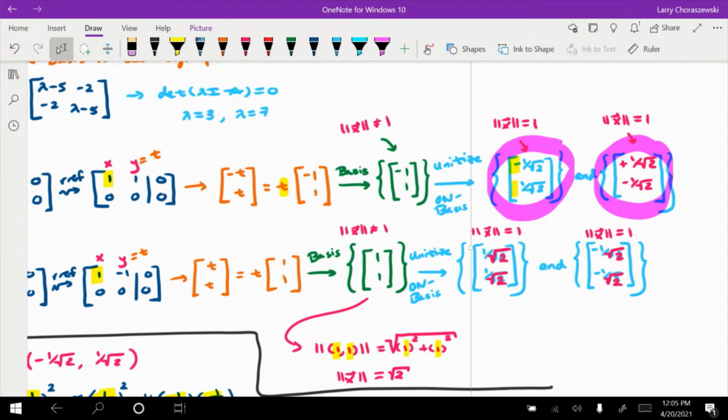What we're doing by finding these basis vectors is trying to figure out all the solutions that would give us the maximum and minimum value. If we only keep the first unitized basis vector, we've only come up with half of the vectors that would give us the minimum of 3 and half the vectors that would give us the maximum of 7. So we're trying to collect all possible solutions that would give us the same outcome.